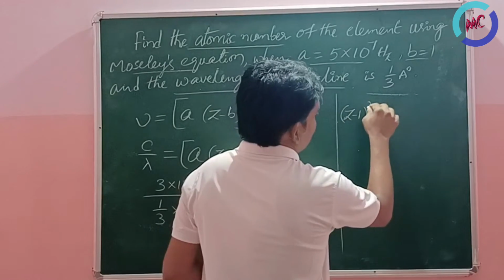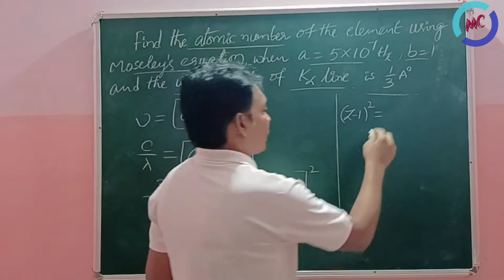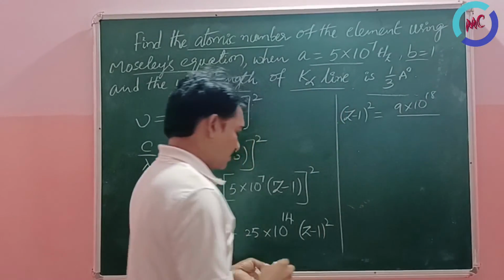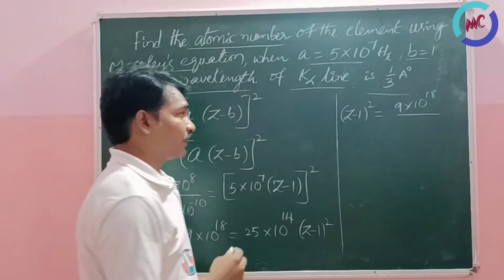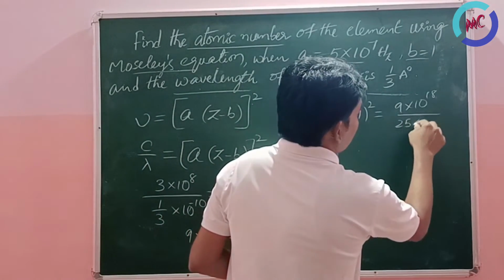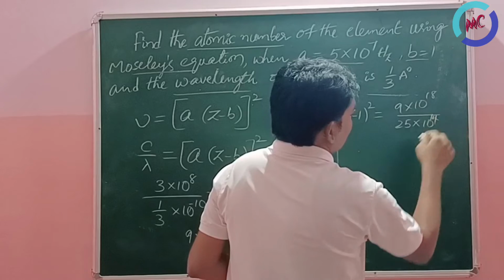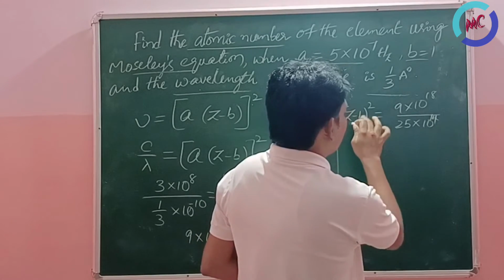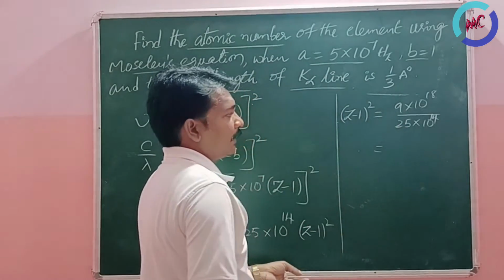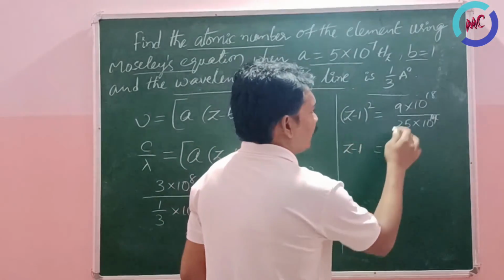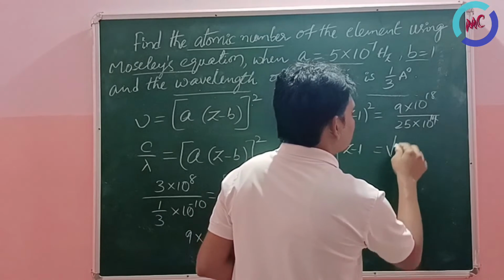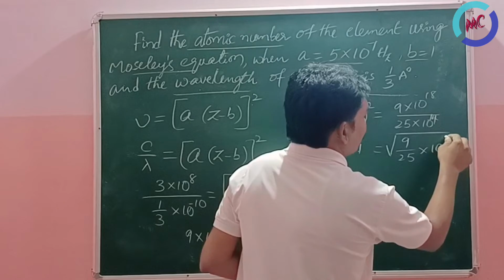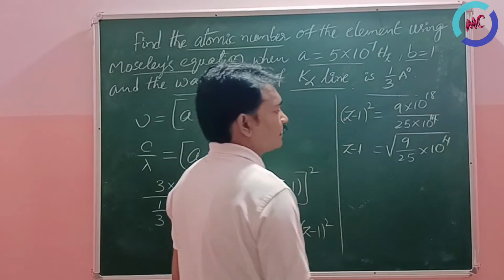If we take (Z minus 1) whole square, that is equal to 9 into 10 to the power of 18 by 25 into 10 to the power of 14. If we take the root to get Z minus 1, then we get the root of 9 by 25 into 10 to the power of 4.